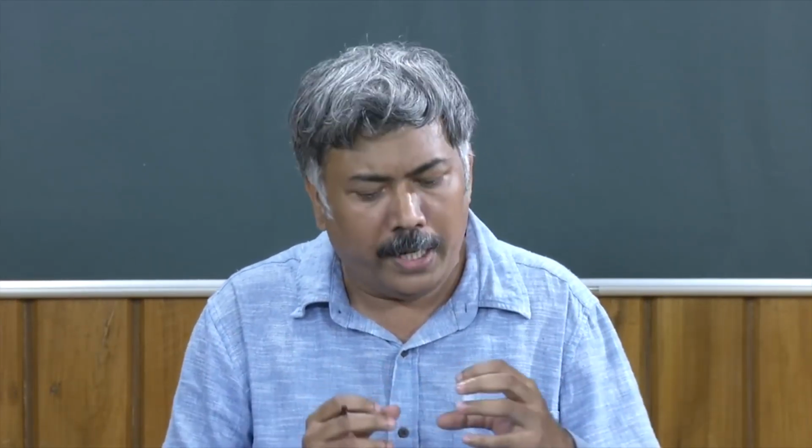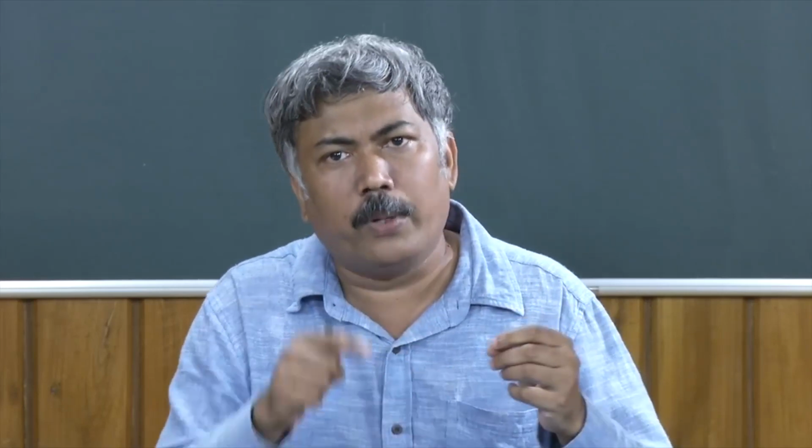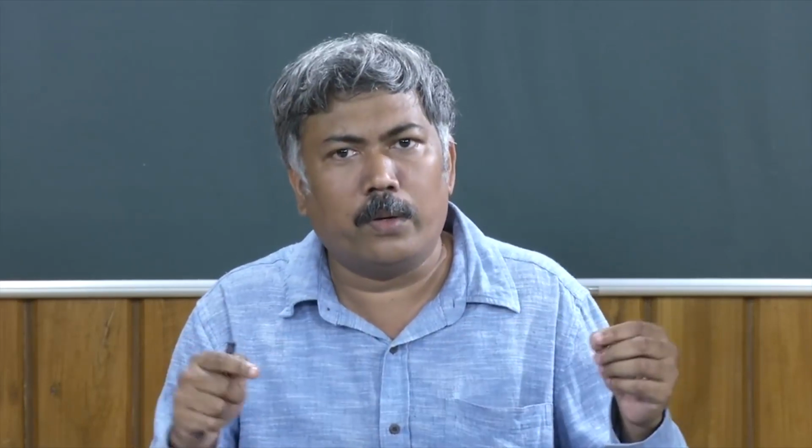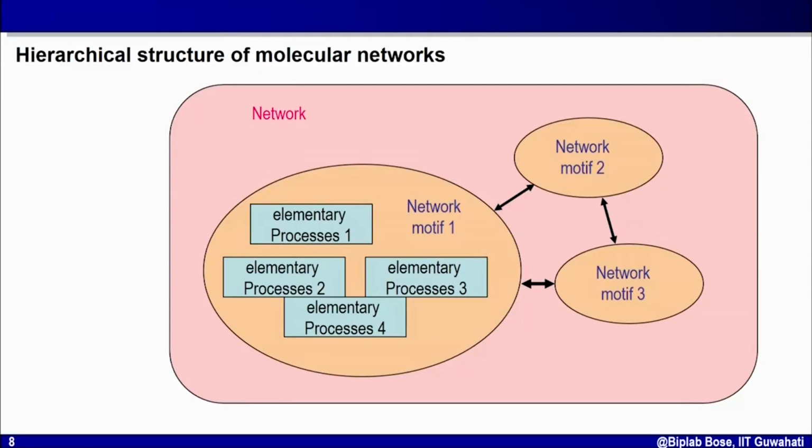Multiple elementary processes, maybe a handful of them, come together and create a network motif, for example a positive feedback, incoherent feed forward, something like that. So I get a network motif. These network motifs are again connected to each other. I have multiple network motifs, 1, 2, 3 for example as shown here, and all these network motifs are connected to each other and give rise to a large network.